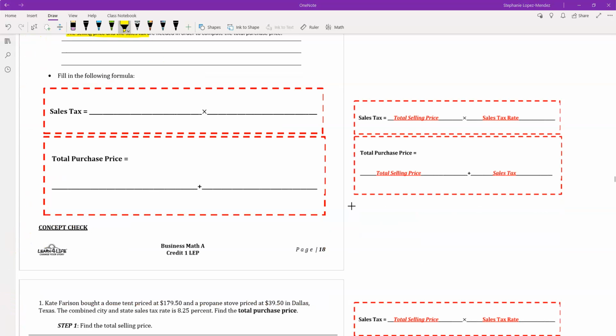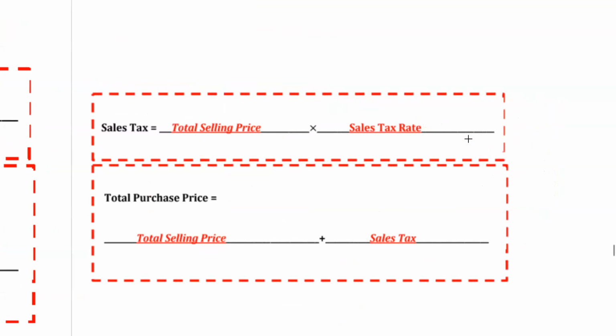The formulas that we are going to be working with in this section are these. Sales tax equals total selling price multiplied by the sales tax rate, and also the total purchase price equals the total selling price plus sales tax.